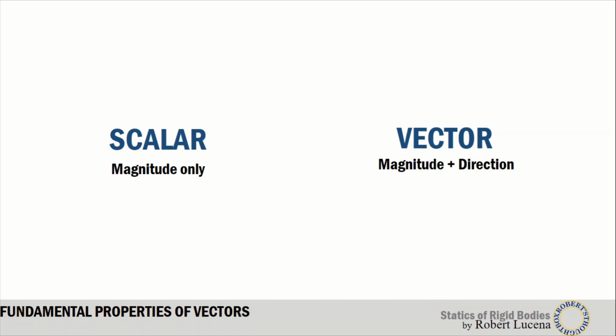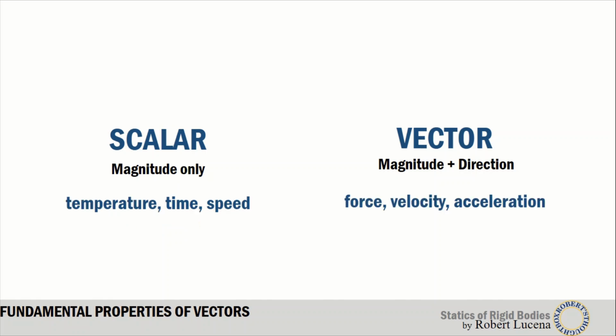Scalar quantities only consist of magnitude, whereas a vector has magnitude and direction. For example, real numbers are scalar quantities, and also temperature, time, speed, those are scalar quantities. But the vector quantities are force.